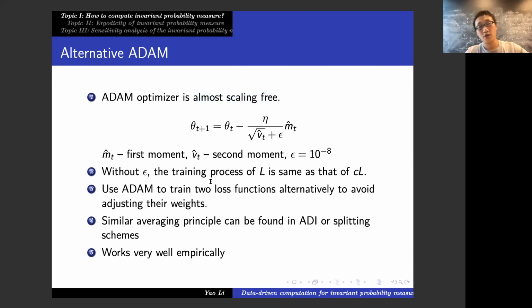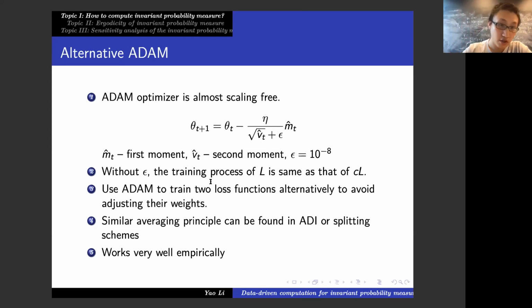Which means we make use of this property, and we train these two loss functions alternatively. We find one random training set for L1, and we evolve L1 a little bit, and then we find another random training set for L2, and we evolve L2 a little bit. So it's like you are just randomly alternating the gradients of these two loss functions by using Adam.